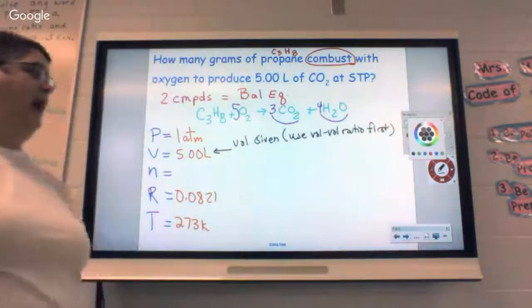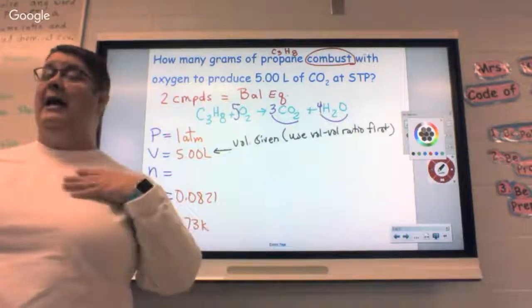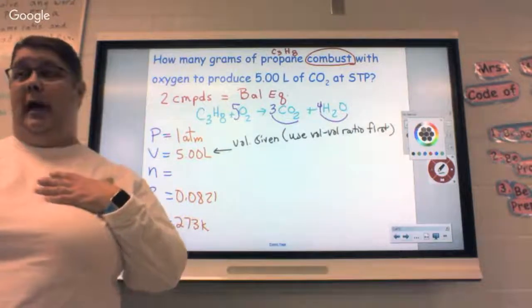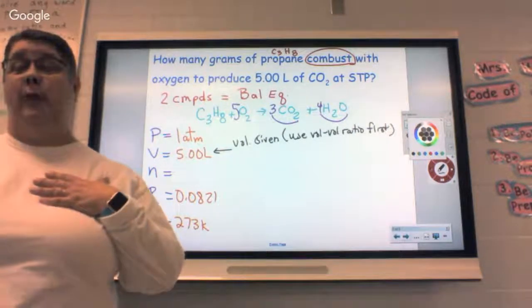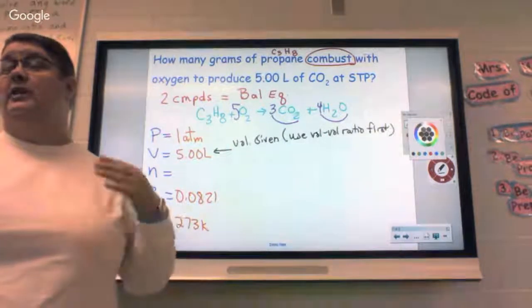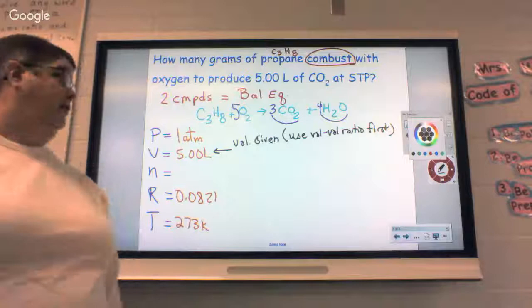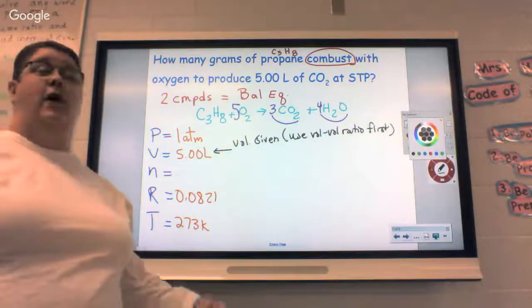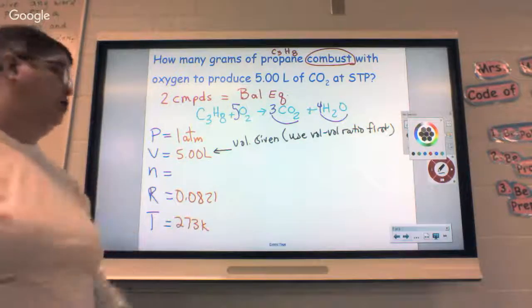Now, if I'm finding volume, I'm going to do a volume ratio when? Last. But since volume is given, I'm going to use the volume ratio first.